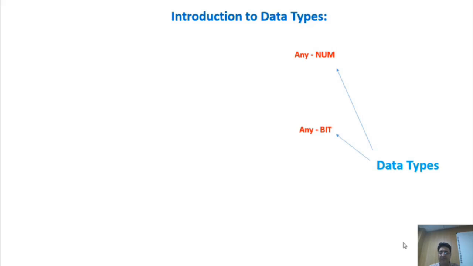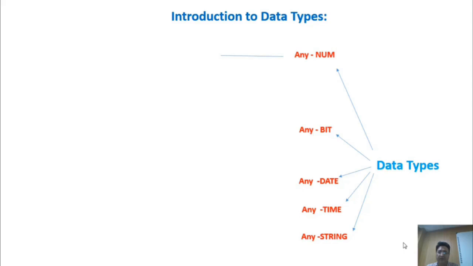Second, there are bit-type data, which are logical. Third, there are date-related data types. Fourth, there are time-related data types, which deal with time. And fifth, the last one, string data type. Now, we want to get more familiar with each of these data types.